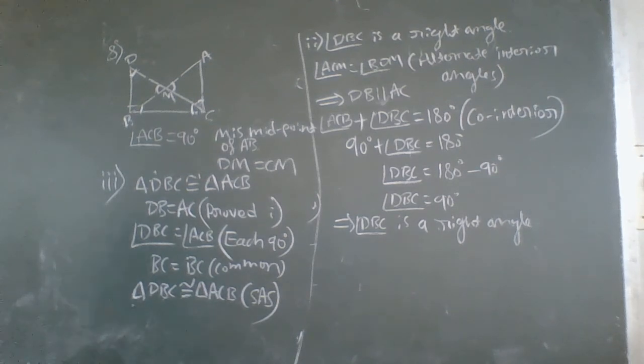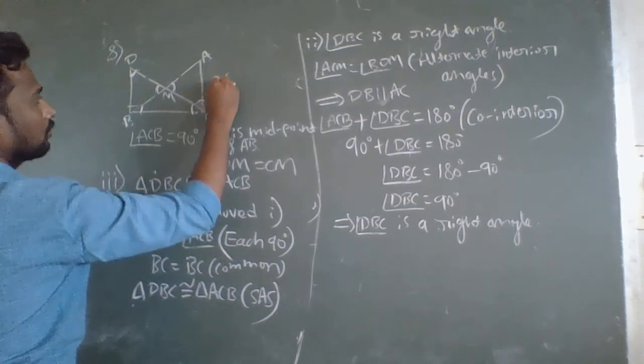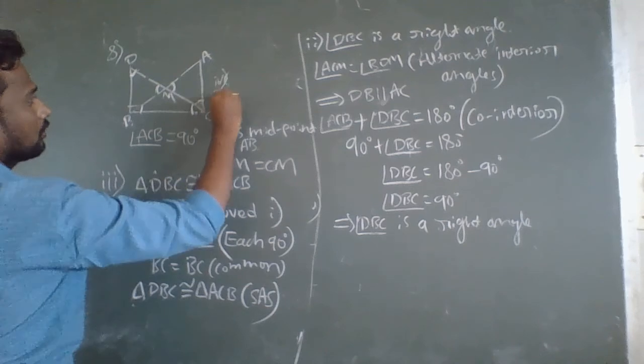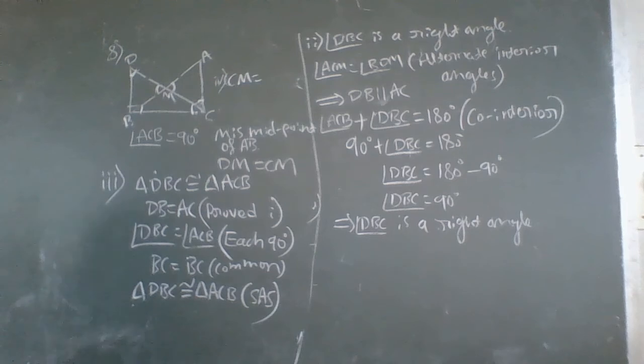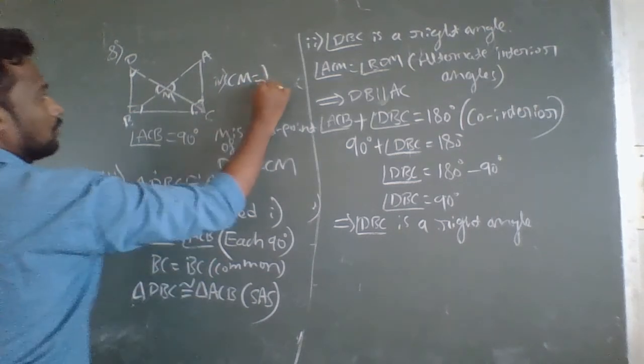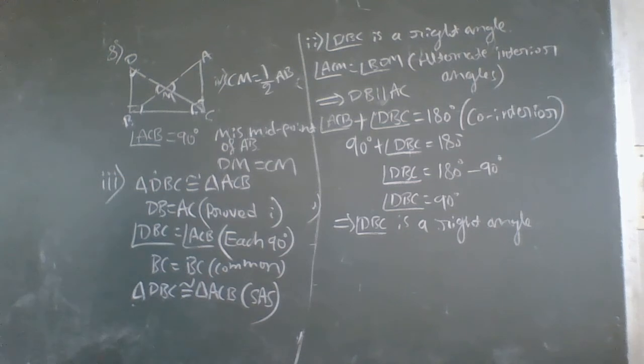Next, the remaining fourth one. In the fourth part we have to prove CM is equal to 1 by 2 AB. This is the fourth one. So if triangle DBC is congruent to ACB, then we can write AB is equal to CD.